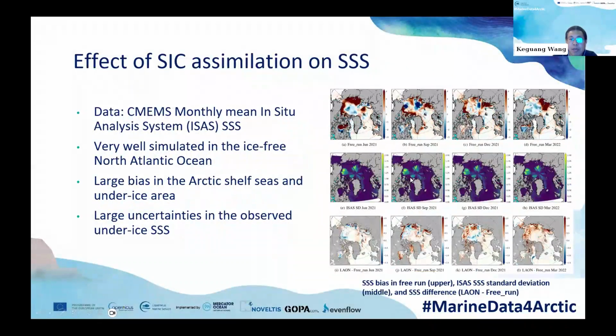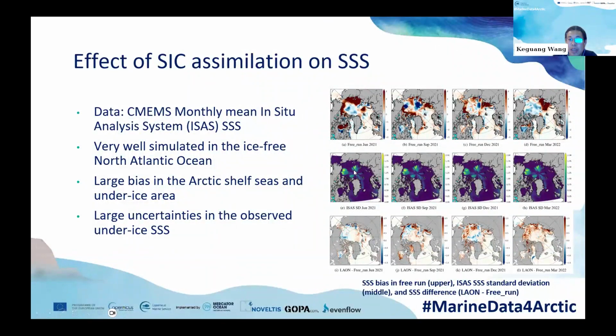And similar, I think, for the sea surface salinity, this is still a bit of a big problem. These are the observations from the Copernicus data, showing the multi-observation analysis system sea surface salinity.